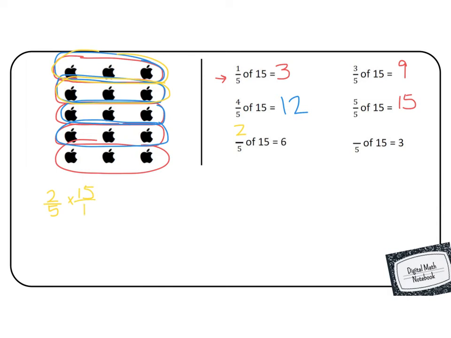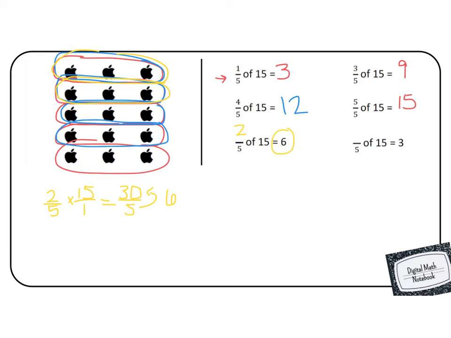It's always going to be over 1 when it's a whole number. So 2 times 15 is 30. And 5 times 1 is 5. And 5 divides into 30 6 times. There's our 6. Perfect.